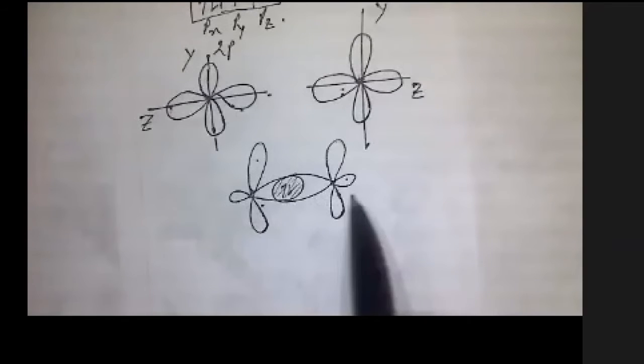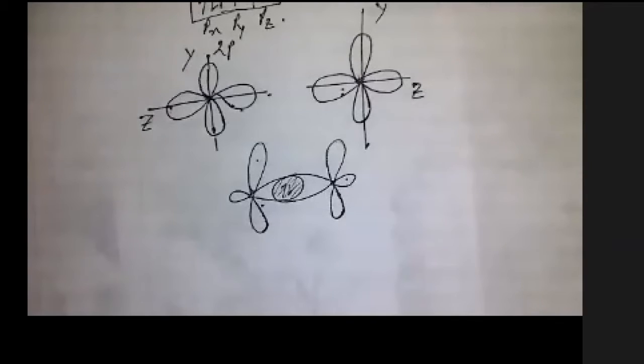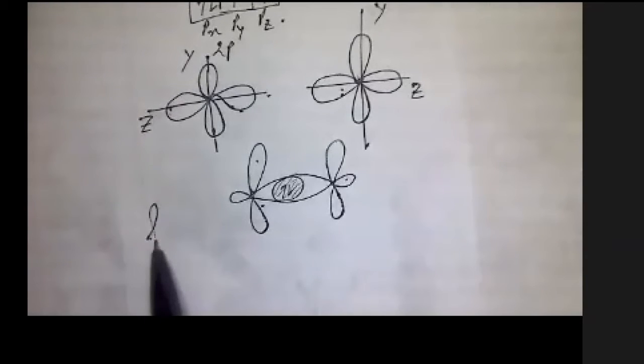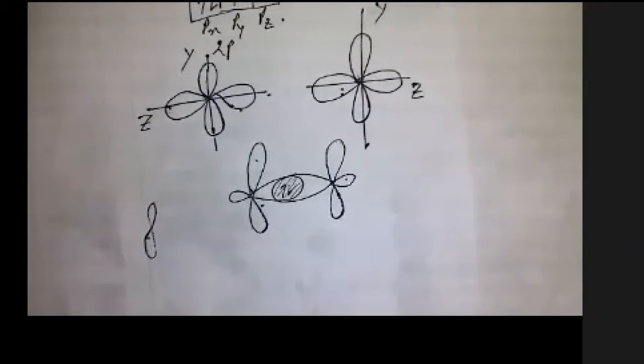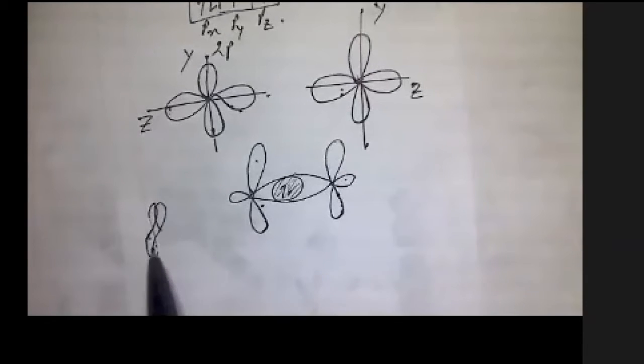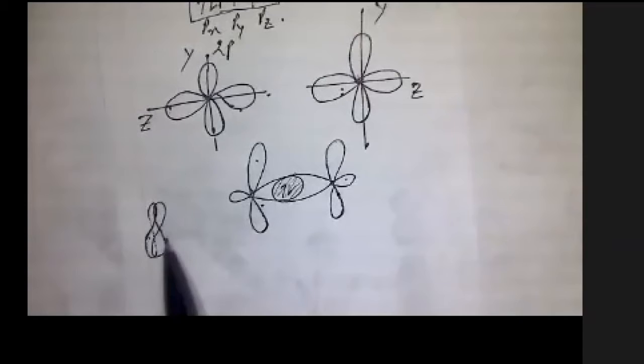So in this position only they have to overlap. The first overlap was direct, and for the second overlap, the orbitals are like this. So the other one will overlap in this way only. That means it will overlap here and here. In whatever position they are, they overlap in the same position. These things are very small, so they are very close to each other.